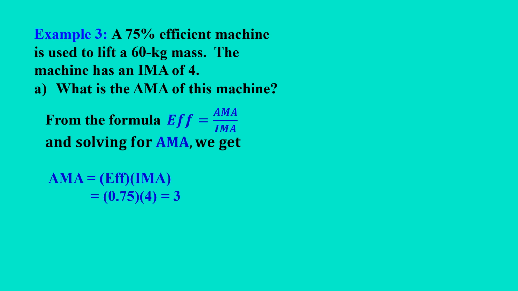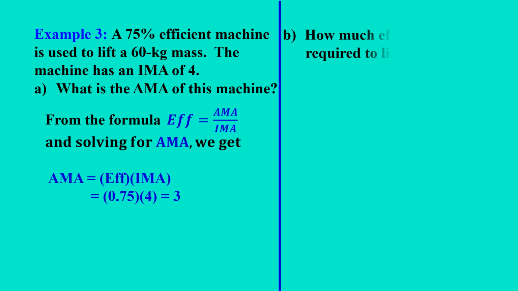Solving for AMA, we get actual mechanical advantage equals efficiency times IMA. Substituting the values, efficiency is converted to decimals, which is 0.75, and the IMA is given to be 4. So, multiplying these two values, 0.75 times 4 equals 3.